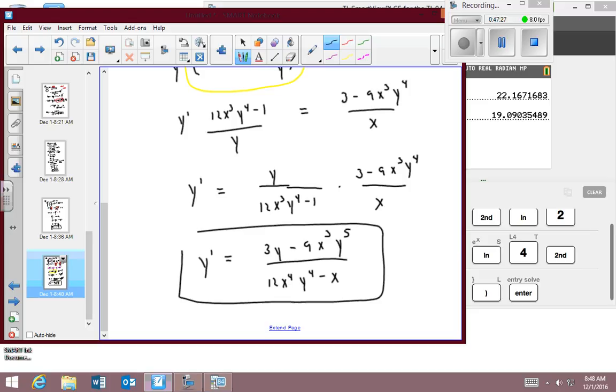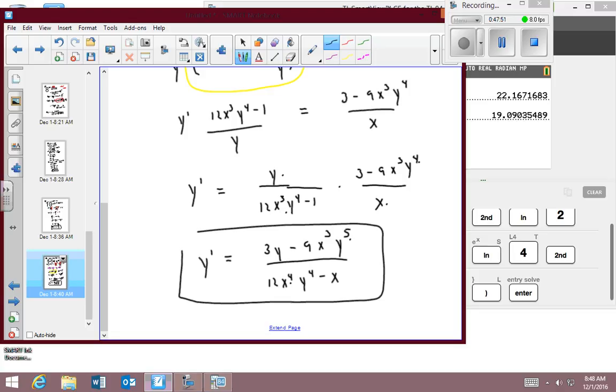Pretty ugly answer. Why do you keep changing it? Oh, well, I multiplied this x times here, and this one becomes 4. And then I multiplied this y through here, that's why it became 3y, and then this became the fifth.